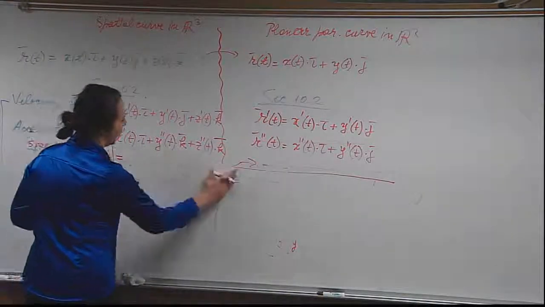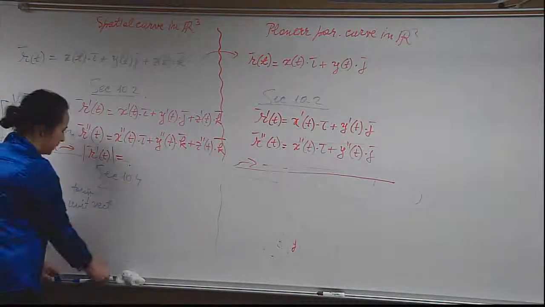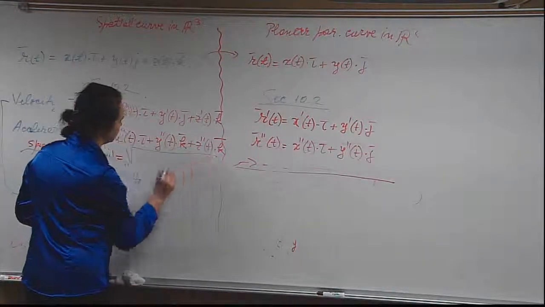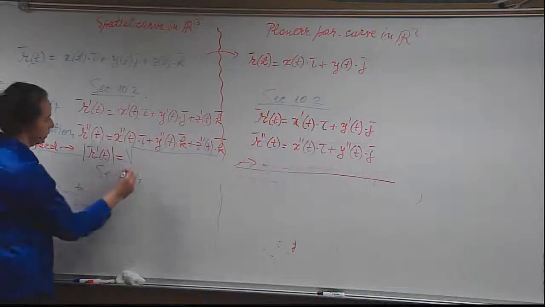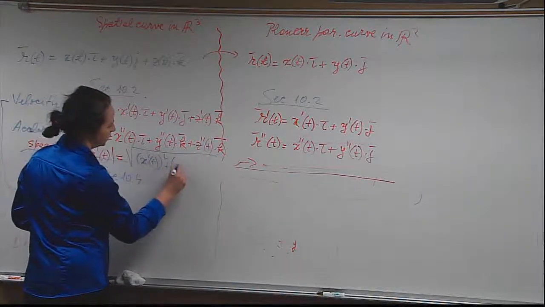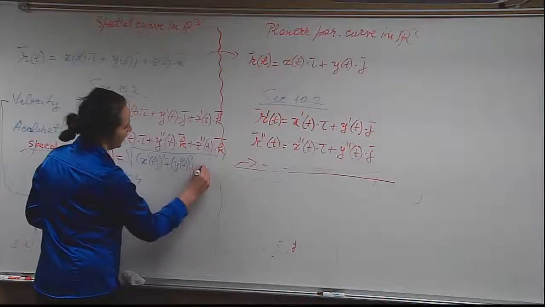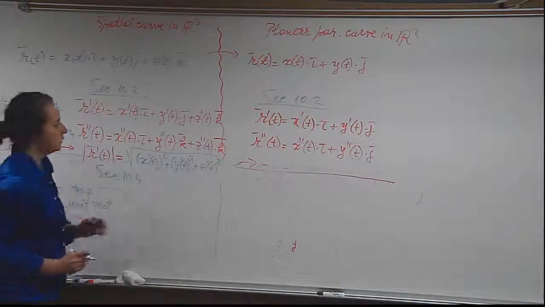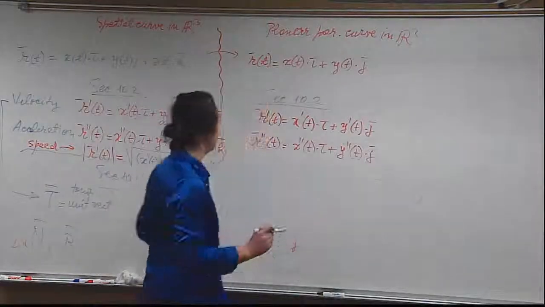If I want to write an explicit formula, because somebody asked me by email, can I write an explicit formula? Of course, that's a piece of cake, and you should know that from before. Square root of x prime of t squared plus y prime of t squared plus z prime of t squared.